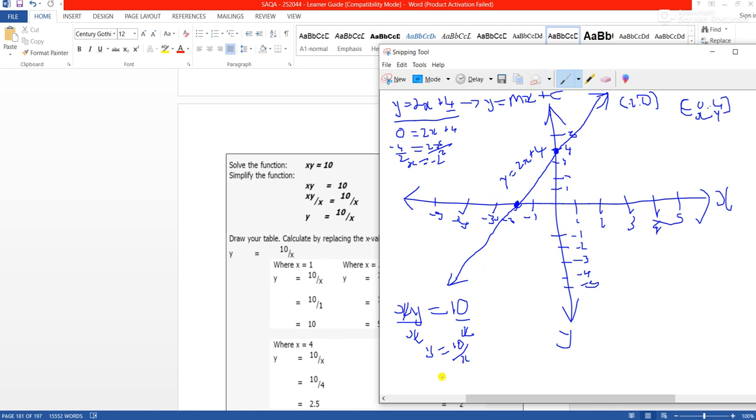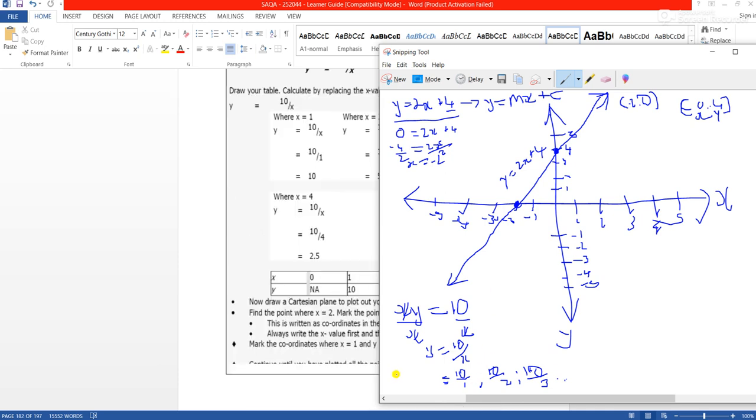So we can say that, because now we want to plot it on our Cartesian plane, x can be 1, or x can be 2, x can be 3, and so forth.